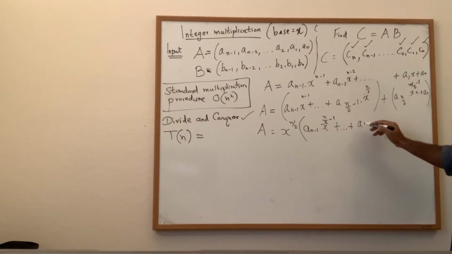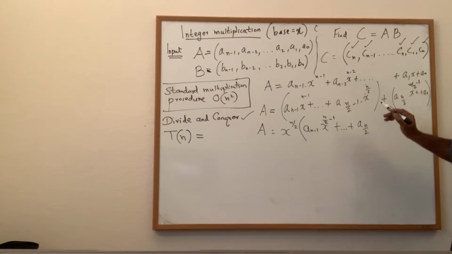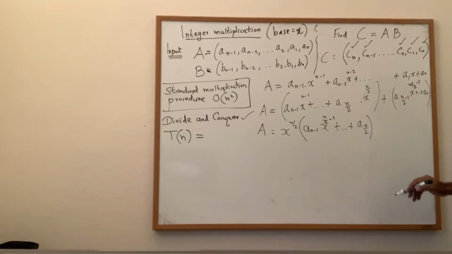The last term is going to be a n over 2, plus a n over 2 minus 1, dot dot dot.